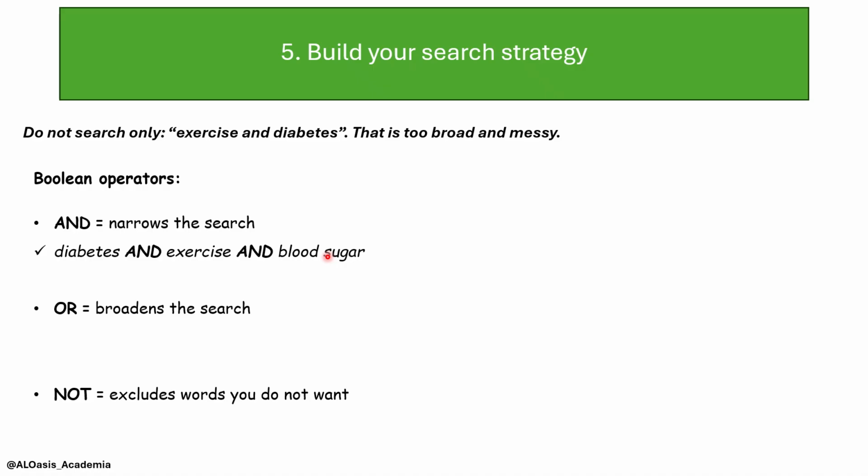So you wouldn't get papers that were just on exercise, or that were just studying diabetes without connecting it to exercise or blood sugar. So using the word and between these three keywords will narrow down your search and give you very specific papers that are relevant to answering your question.